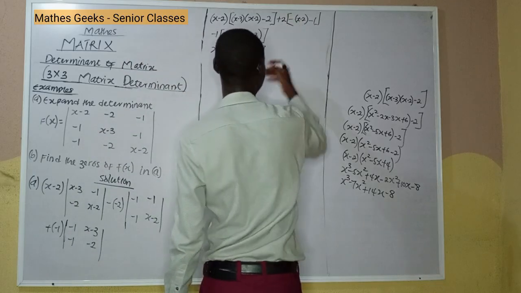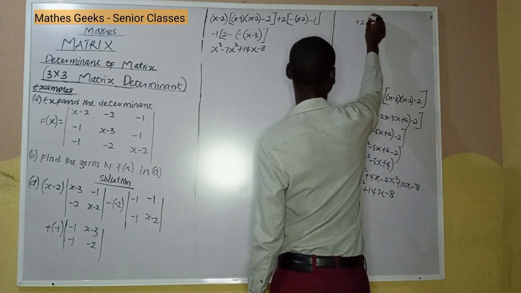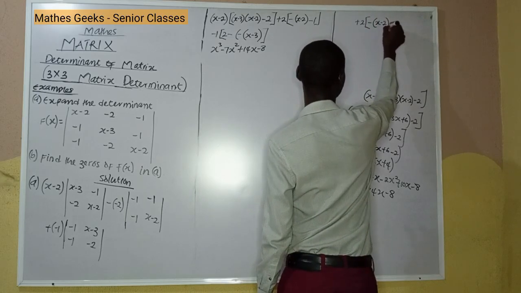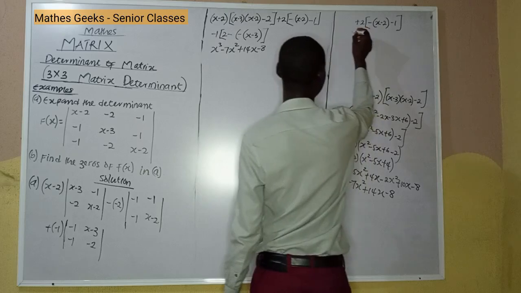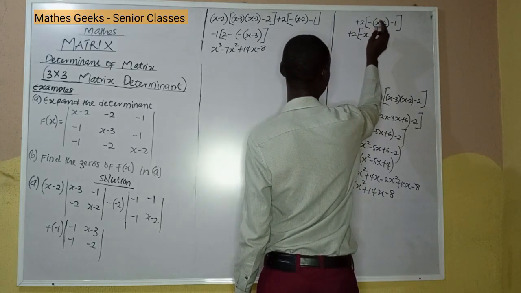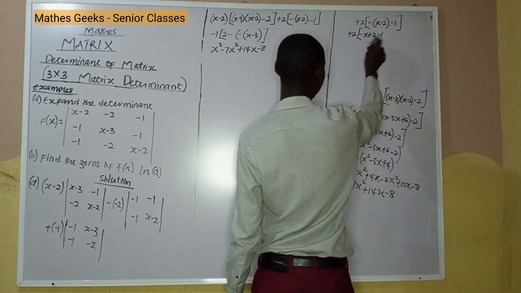Let's simplify this part. Plus 2, minus x minus 2, minus 1.